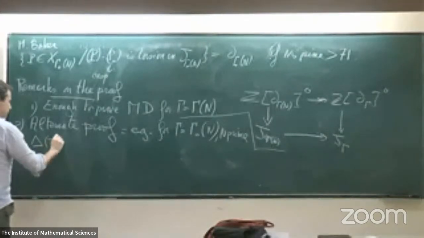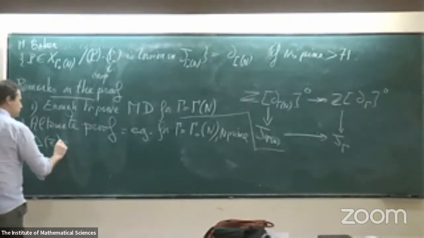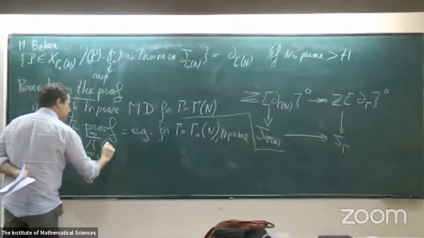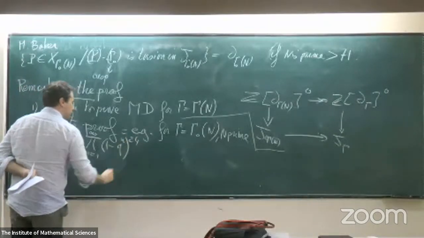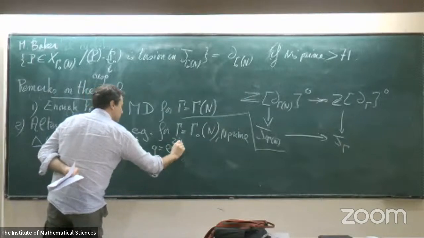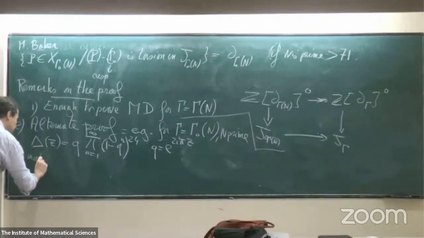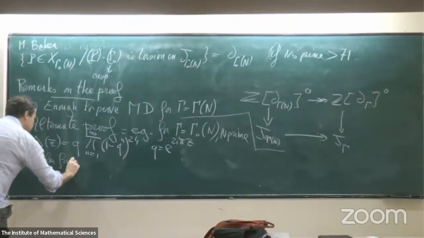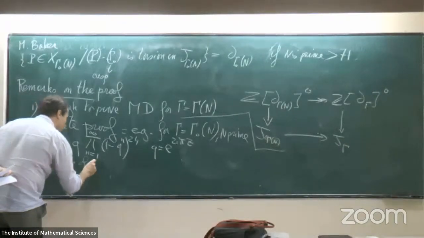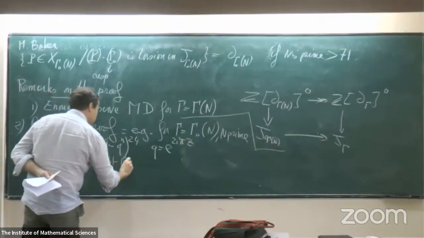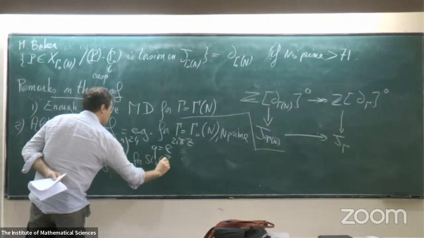So delta of z is a product in q, for q equal to e to the 2 pi i z. So this is a function on the upper half plane. And of course, it's well known this is a modular form of weight 12 for SL2(Z).